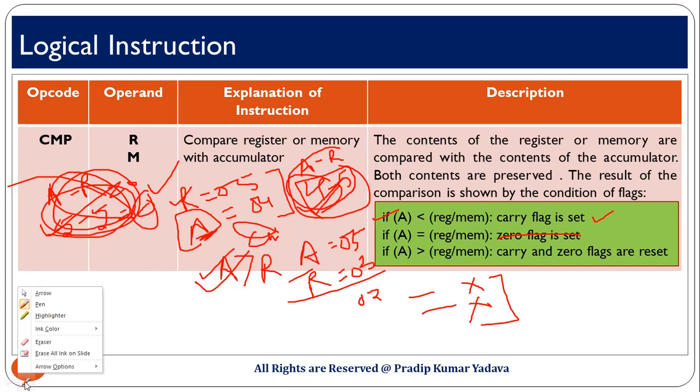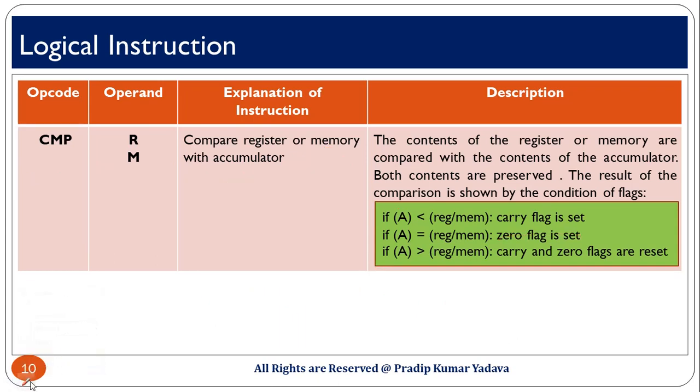So basically this is the working of compare. Let me explain it again. The first condition: carry flag is set. If you perform the compare operation and the carry flag is set, the content of the accumulator is smaller than the content of the register, because behind the operation we are subtracting the given data from the accumulator, since we compare with the accumulator, not other registers.